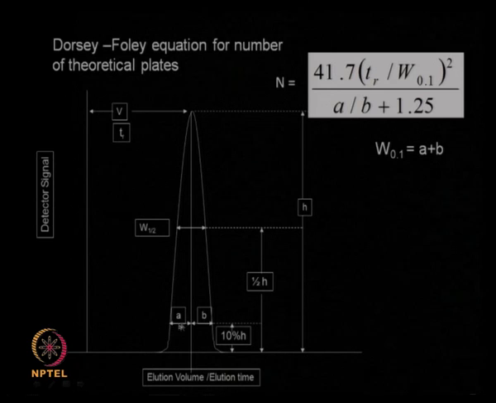If this width is A on the starting side, and B on the ending side, then the number of theoretical plates is given by 41.7 Tr by W0.1 divided by (A by B plus 1.25), where W0.1 is nothing but A plus B, that is this width, and Tr is your retention time.